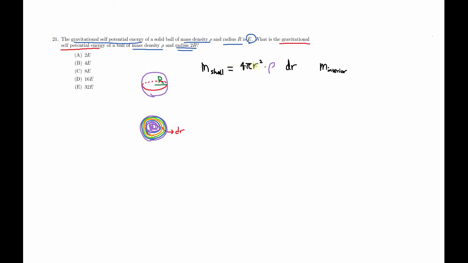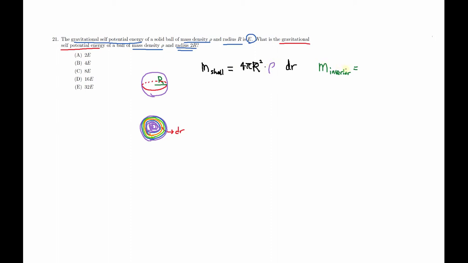And we are given the r here. So for now, I'm gonna make the r big so that we can integrate without confusion. And also, let me use a different color so that you don't get confused. Also, we need to find the mass of the interior right before the shell.